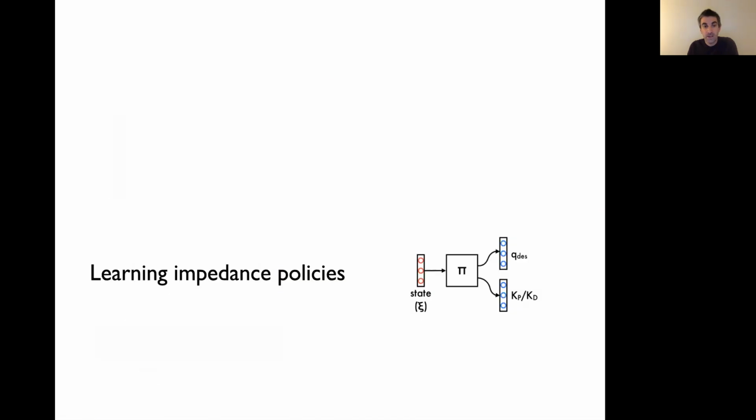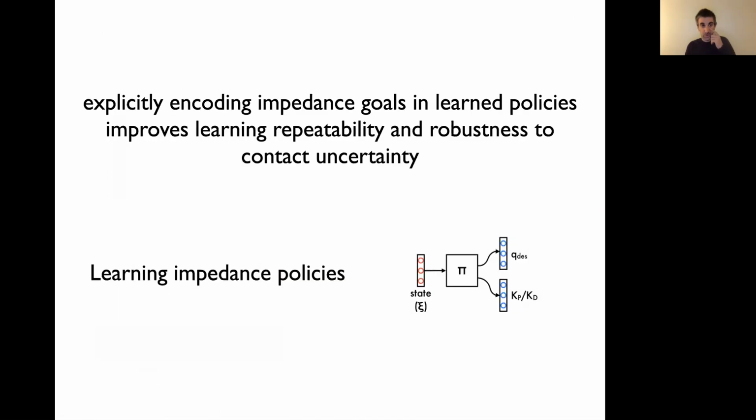It seems that it's easier to train this way, and it makes more sense. So here I quickly tried to convince you that it makes a lot of sense to explicitly include impedance goals when you do reinforcement learning, and not just learn blind policies, but learn meaningful policies that separate what is feedback and what is feedforward. At least in the experiments we tried, it does improve repeatability, and it improves the robustness to uncertainty in the context.